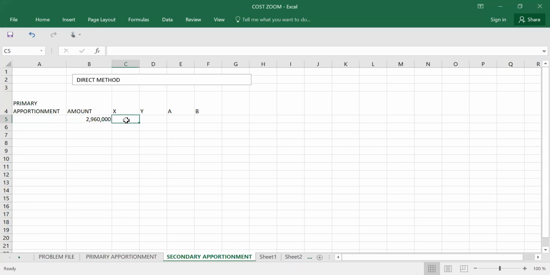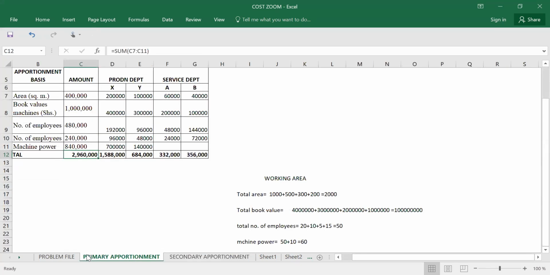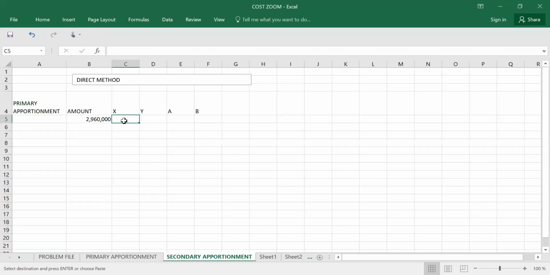See? Then this for X. So in a very simple way, we are trying to get these last figures that we obtained, this for X and that. We're just going to transfer them here.